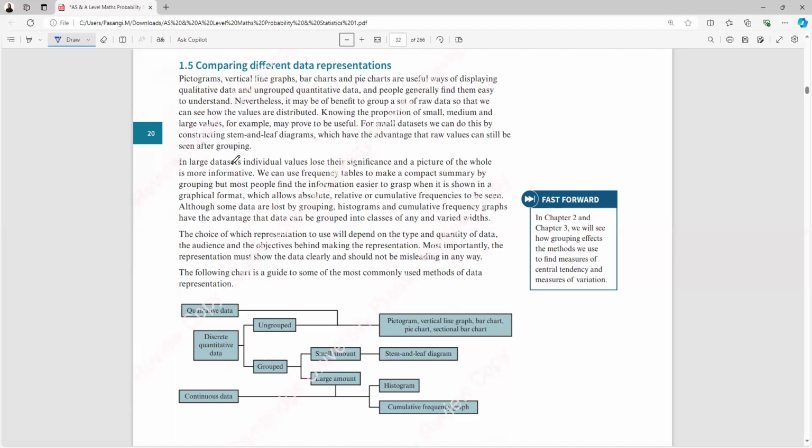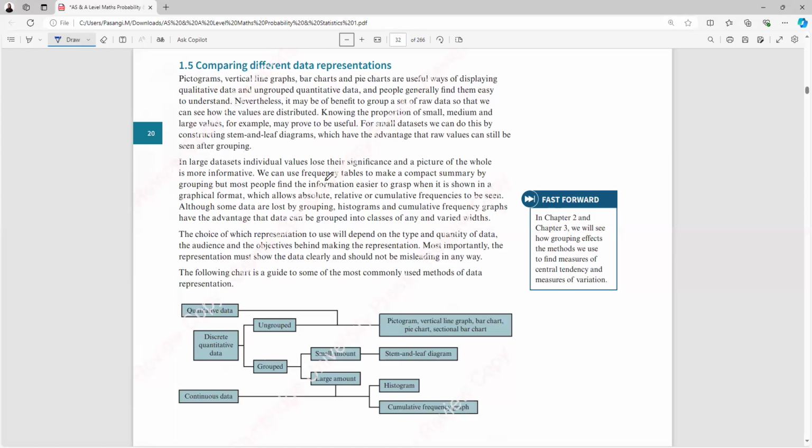For a large data set, what will happen? Individual values lose their significance, because when the data set is huge, the value of each individual data point decreases, since we have a large amount of data. Then a picture of the whole is more informative.